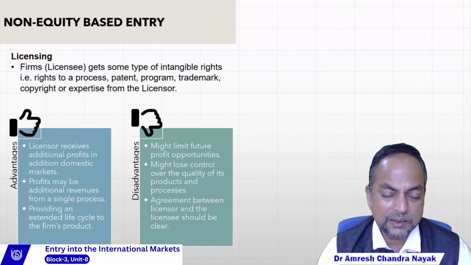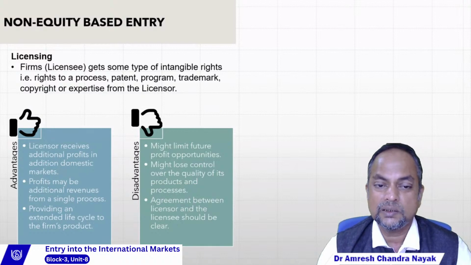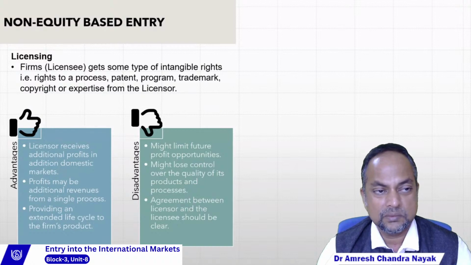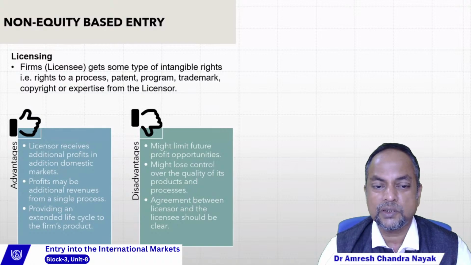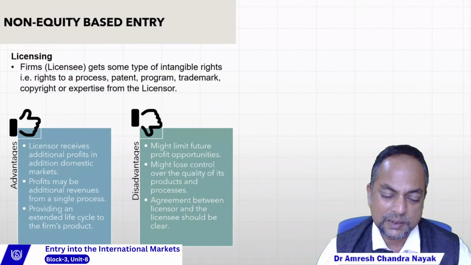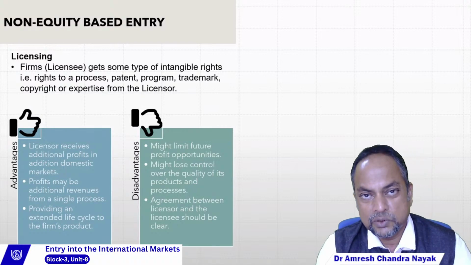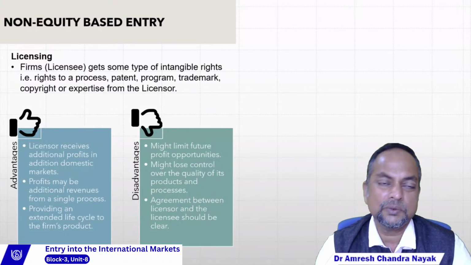But beyond that, licensing may have certain disadvantages also. This is a process where we may limit our future profit opportunities. What you need to understand is that if I could have manufactured that particular thing in the host country by myself, I would have got the ownership, I would have taken the risk as well as the profit.